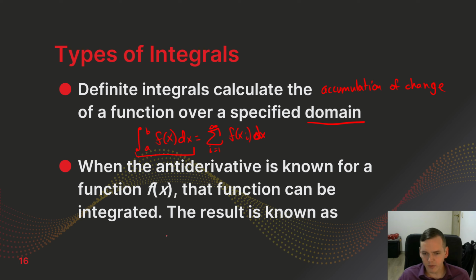When the antiderivative is known for a function f of x, and again, this is some language that we'll worry about later, don't worry about it for now, that function can be integrated, and this is known as an indefinite integral. And it looks something like this.